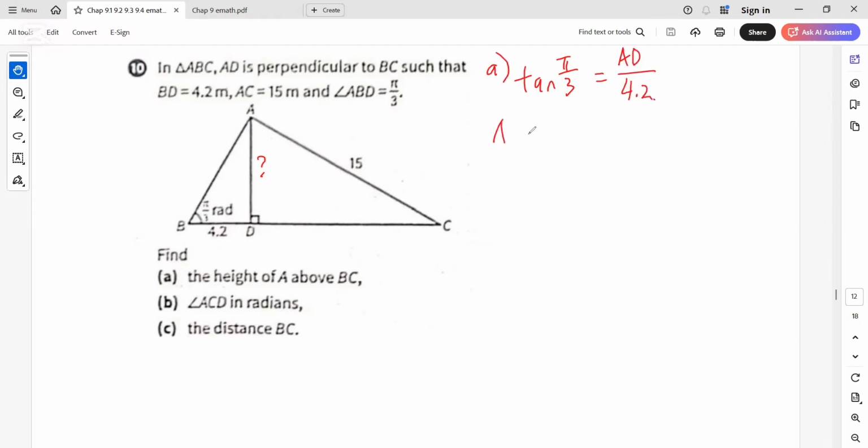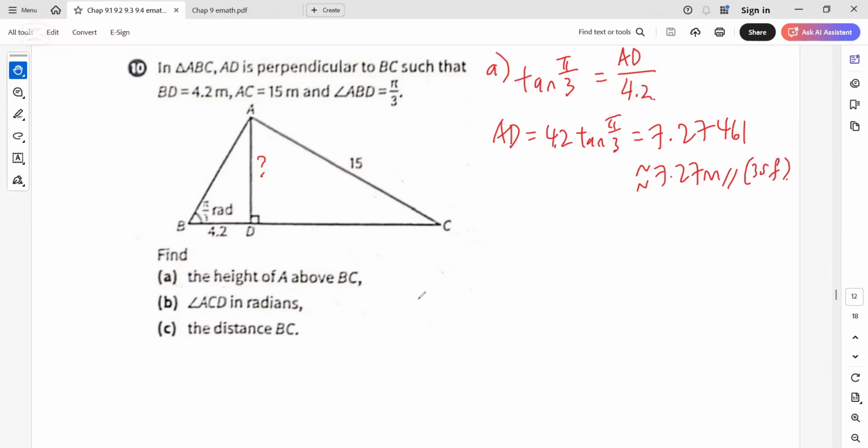So AD equals 4.2 times tangent pi over 3. That will give us 7.27461, round off 7.27 meter, 3 SF.